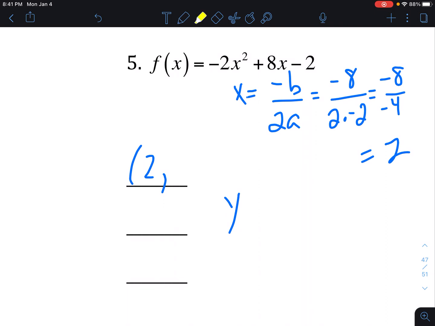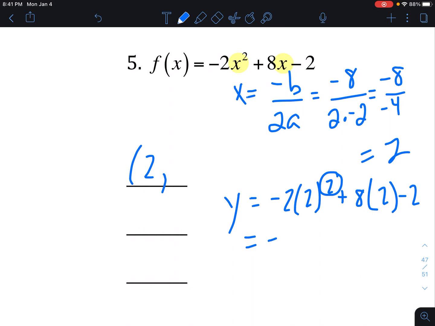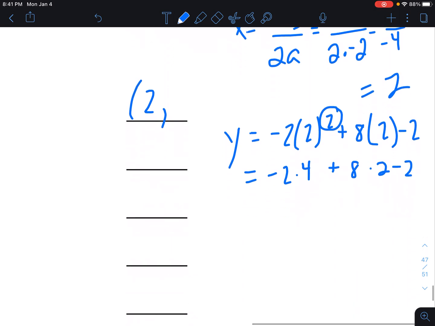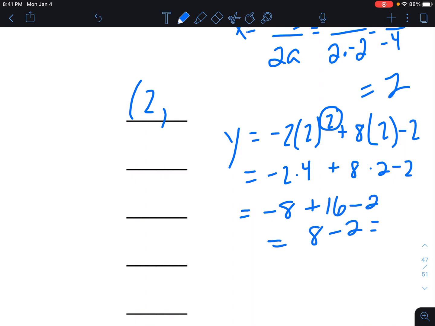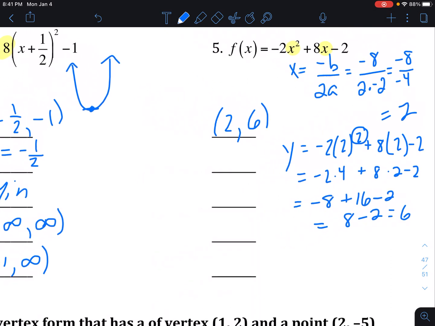The 2 goes into the formula for the x's here and here. And we're going to use order of operations, squared. Now we're going to multiply left to right. So the vertex is (2, 6).